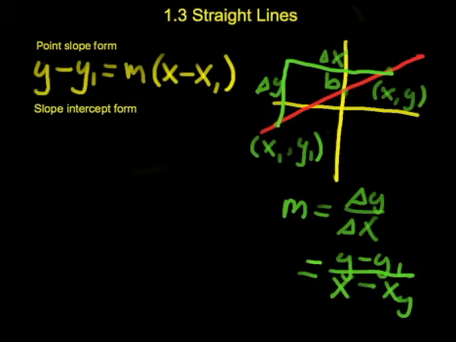So the equation for slope-intercept form is y equals mx plus b. All we've done is let x1 be 0, and then we get an mx, and the y1 that corresponds to when x is 0 is exactly b. So it would come over, and you get the slope-intercept form.